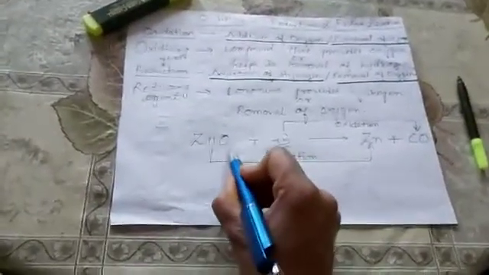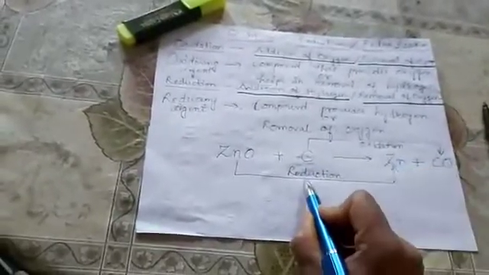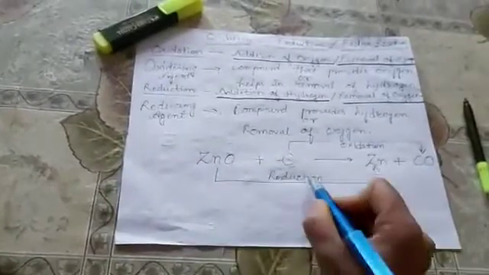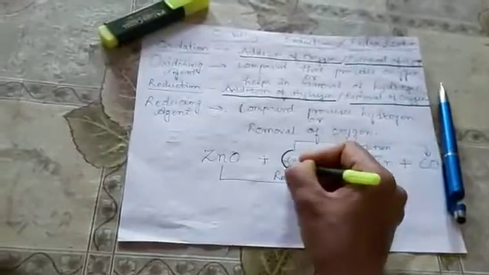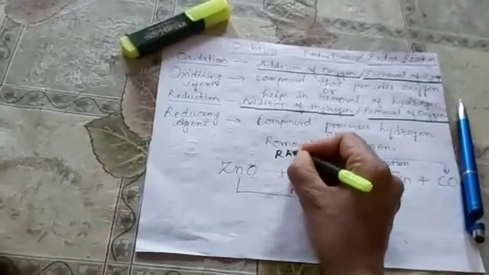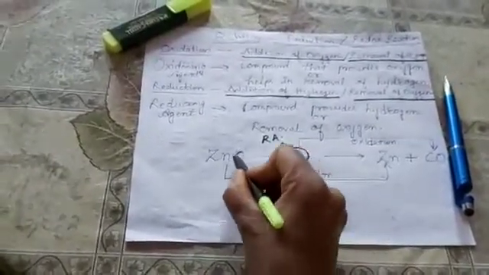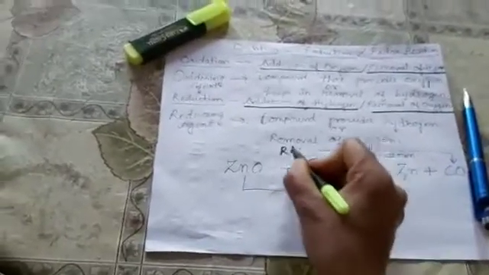At zinc oxide, reduction is taking place. At carbon, oxidation is taking place. In the case of zinc oxide, where reduction is going on, we consider carbon as the reducing agent. Why? Because carbon is helping to remove the oxygen from zinc oxide, so it behaves like a reducing agent.